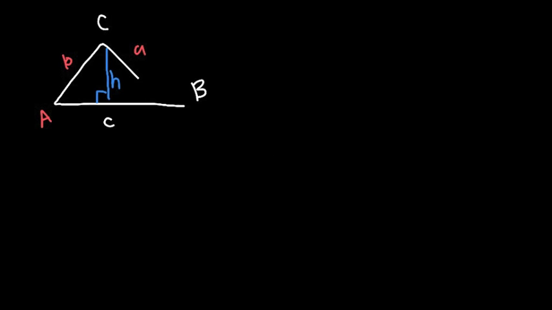The rules for the ambiguous case are as follows. If little a is less than the height we determined, h, there is no triangle that can be satisfied to fit the given conditions.